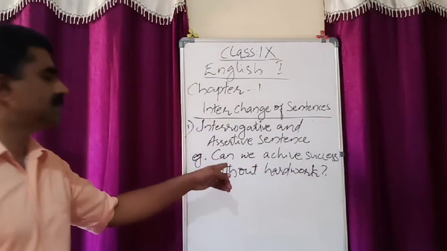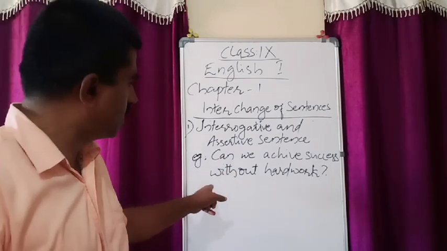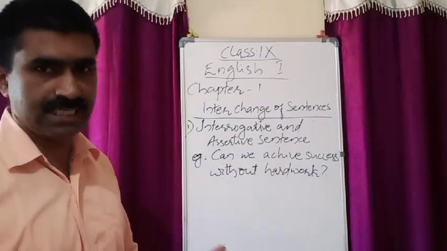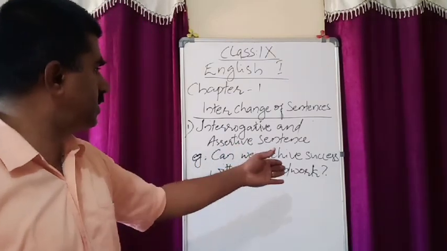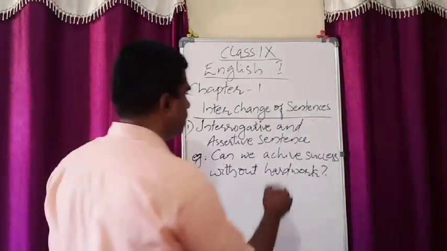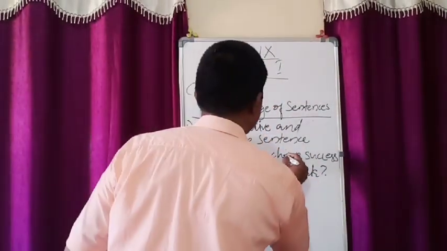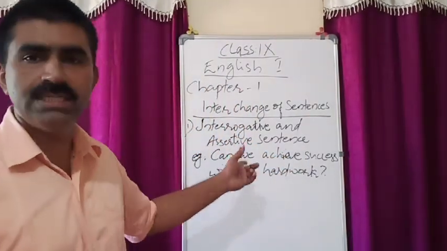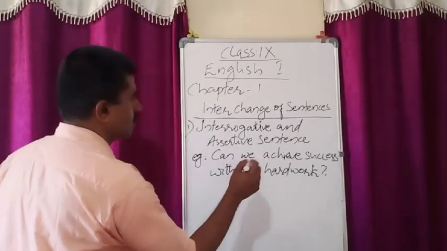This is an interrogative sentence. This sentence can be changed into an assertive sentence without changing the meaning. An assertive sentence, we know, is a statement; an interrogative sentence asks a question. So, can we achieve success without hard work? We can change that into a statement or assertive sentence.